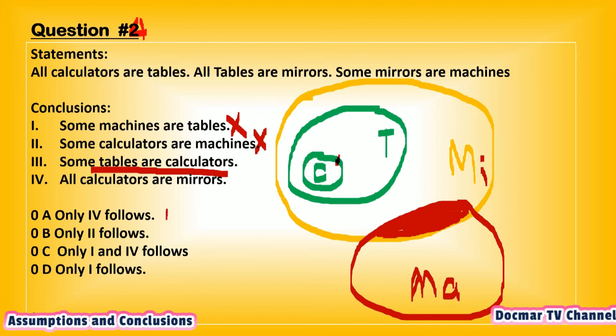So what's the answer? Of course, only 4 follows, because all calculators are mirrors. Again, I repeat, it's not just "some" in number 3, because all calculators are tables.